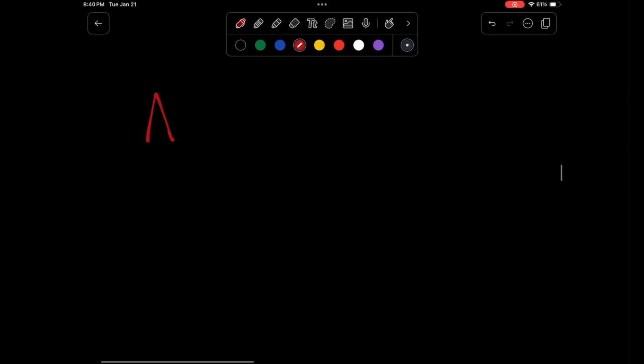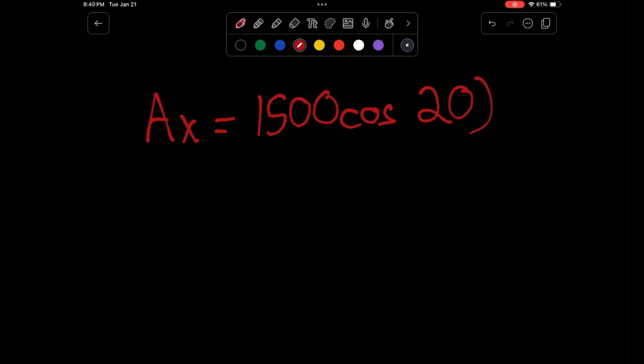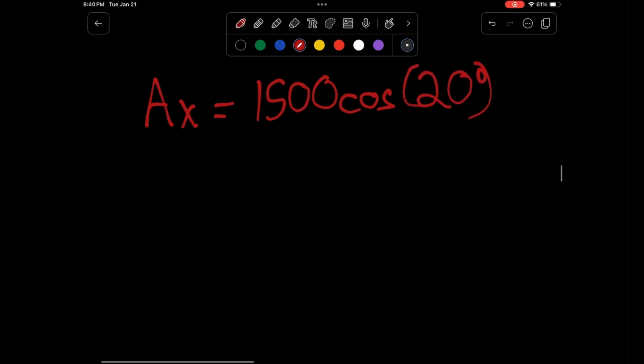Now that we've gotten that answer, we must do the same thing with the horizontal value and find the horizontal force straight to the right.